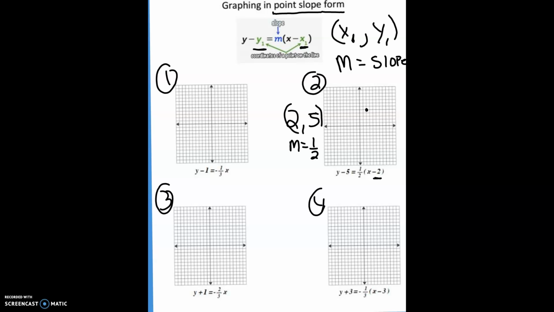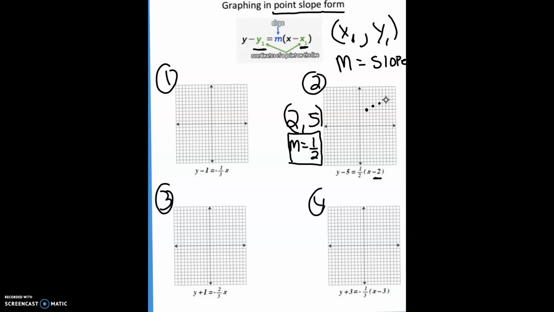Okay, so that is your starting point, again 2, 5. So now we're going to navigate with the slope here. So we're going to go up 1 over 2, up 1 over 2.